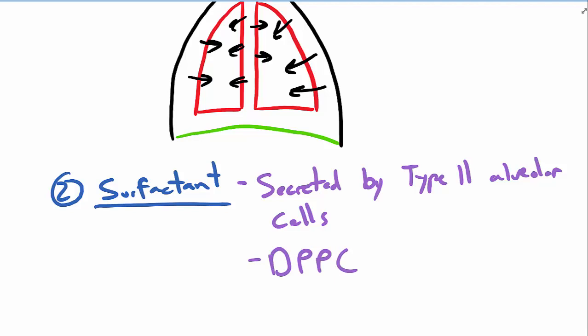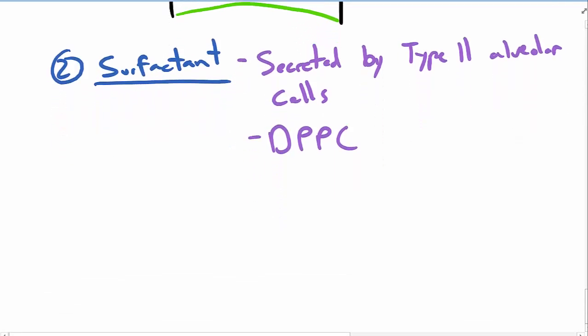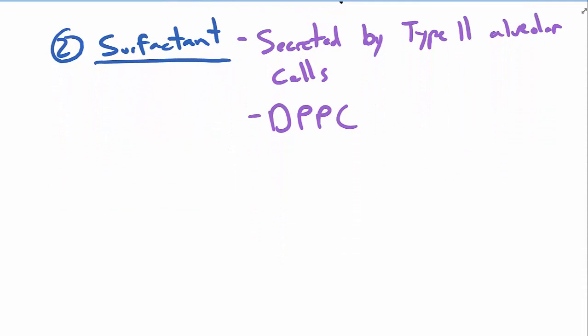So now that we've talked about what surfactant is and what it's made up of and where it's secreted, what does it do? That's a great question. So let's look at that. Surfactant plays a really important role in that it lowers the surface tension.